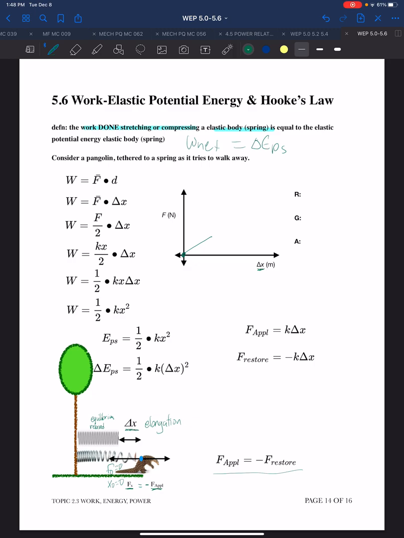So what happens is we apply a force, the pangolin applies a force, and there is a displacement. And it turns out, for something that obeys a constant increase in force, that is what Hooke's law is. In an elastic body whose restoring force increases directly with elongation.